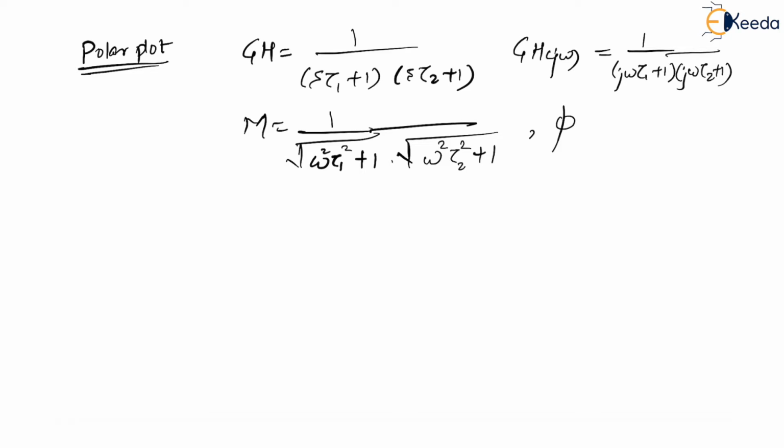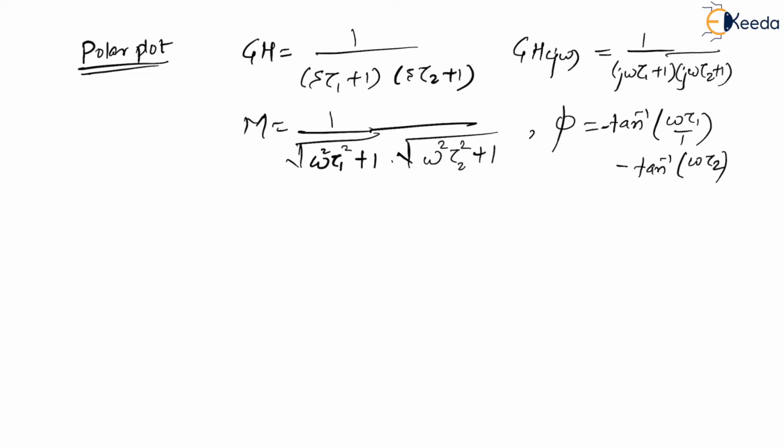Similarly, the phase phi is equal to minus tan inverse of omega tau 1 by 1, minus again tan inverse of omega tau 2 by 1. Is that correct? Yes.